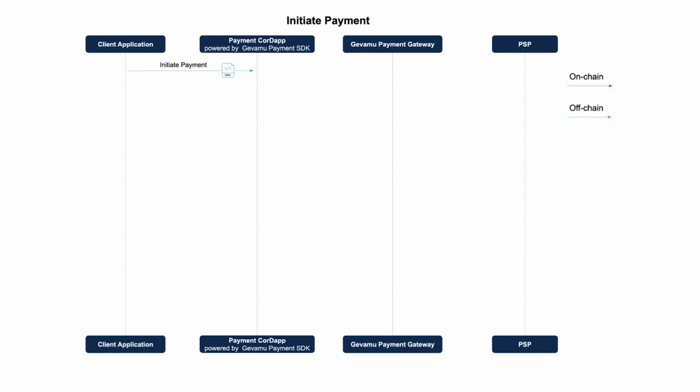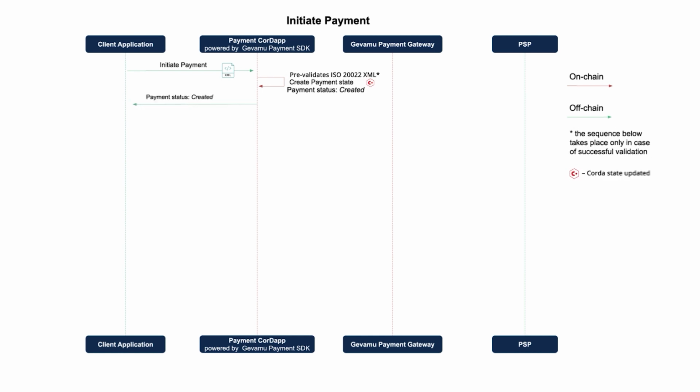The custom payment Corda app passes the payment request as an instruction formatted according to the industry-accepted payment standard, for example, an ISO 20022 formatted XML, to the Gevamu Payment SDK. The SDK pre-validates the payment instruction and creates a state, or several states if multiple payments are instructed, with an attachment containing the original payment instruction. The payment instruction is sent to the Gevamu Payment Gateway.